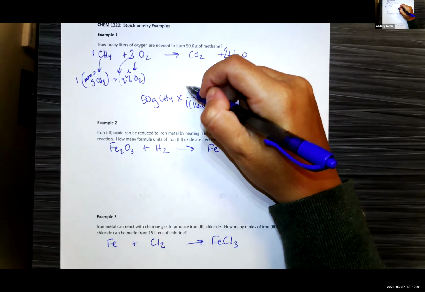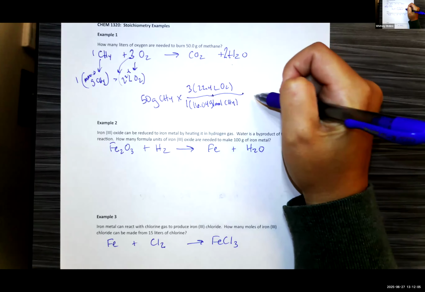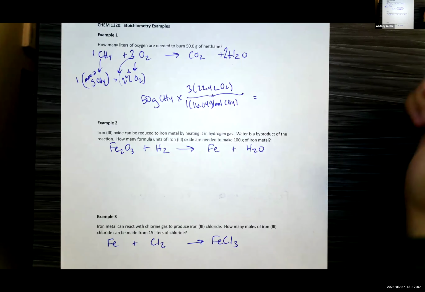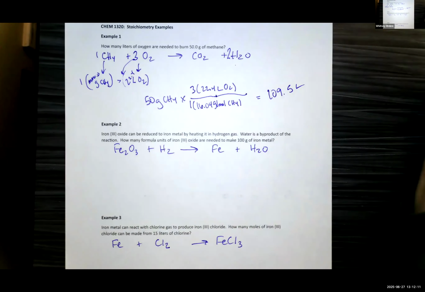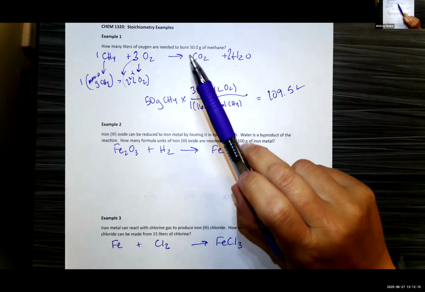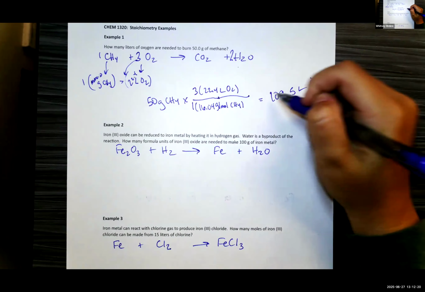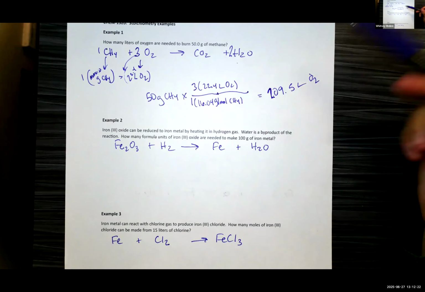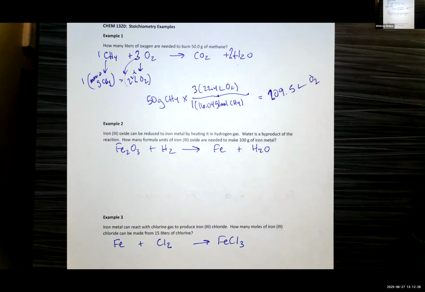And on top, 22.4 liters of O2. What did you get? Yeah. You could probably round this one to 210 because there are 3 sig figs here, but I'm fine with this. Not so bad. Just make sure you bring the stoichiometry out front and then use the dimensional analysis.